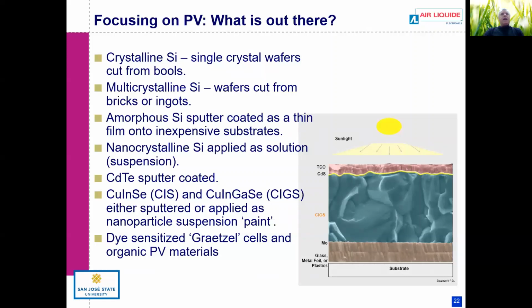There's various types, there's copper indium gallium selenide, CIGS, which is not really popular anymore. At the time that this was done, it looked like it might become the type of photovoltaic material.